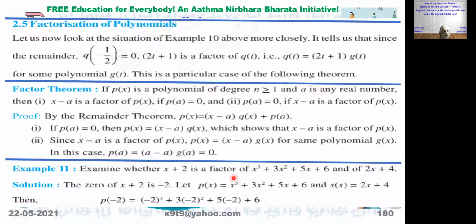So, here we have minus 8 and plus 12, so we get 4, and this is minus 10, so we get minus 6, and this plus 6 will be 0. That shows that x plus 2 is a factor of the given polynomial x cube plus 3x square plus 5x plus 6.